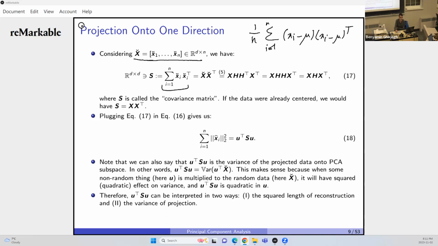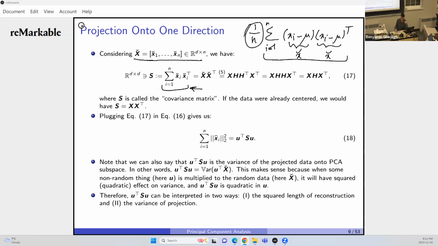Now you tell me. xi minus mu, I write it as x breve, right? Do you remember? In x breve, we have removed the mean. In other words, it's the summation of x breve times x breve transpose. For now, ignore the scale, 1 over n. It's a scale, right? So it's the covariance matrix.